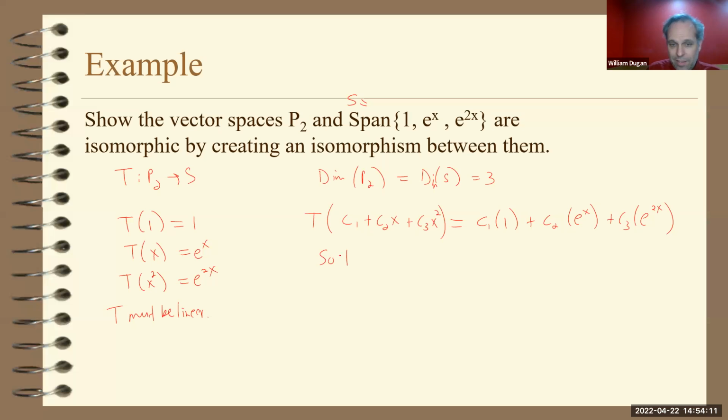So T is onto. Since it's onto between two finite dimensional spaces of the exact same dimension, consequently, hence, T is 1-to-1. So therefore, this mapping is onto and one-to-one.